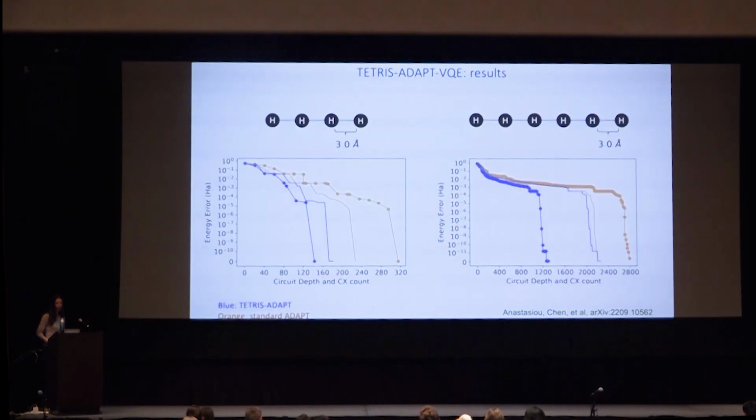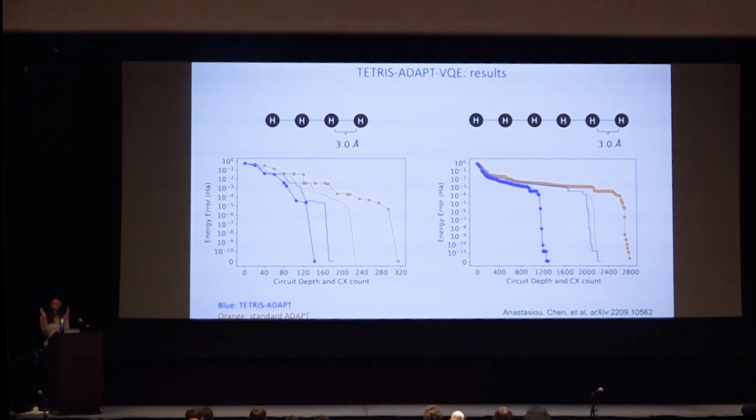Let me show you some examples of this. Again, these are classical simulations of hydrogen chains, and we're comparing the Tetris adapt approach to the regular adapt, adding one operator at a time, and you see that they converge. Tetris has a shorter circuit depth, shown in blue over here, and the CNOT gates we use here are comparable to adapt.